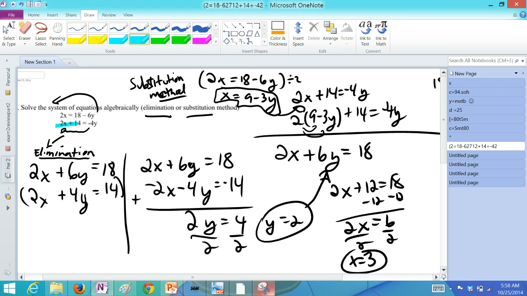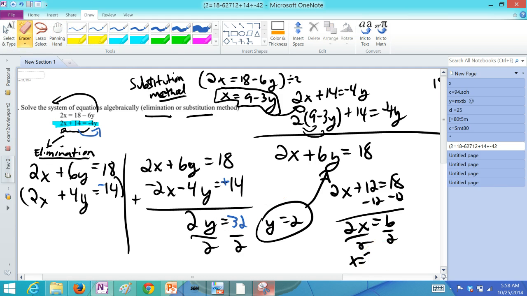This equation has the 14 on the other side. So I made a mistake by leaving it as 14 when it really should have been a negative 14, which makes this a positive 14 after multiplying by negative 1, which makes this a 32, which changes the value of y.